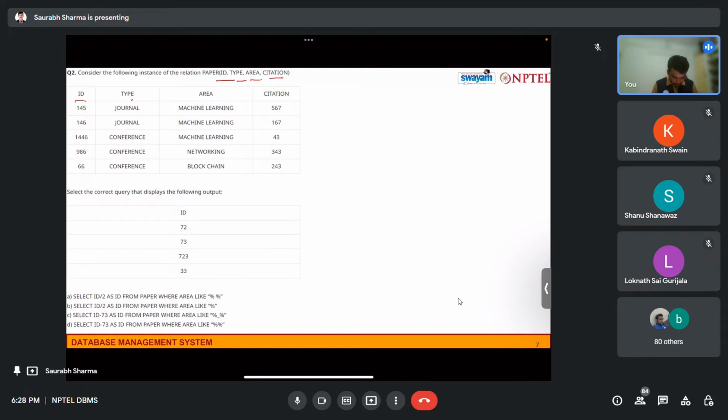There are two kinds of options given here. First is ID by 2, then there is ID minus 73. If we perform ID by 2, we will get 27 point something, which we will round off. We will come to 72, then 73, then 723.